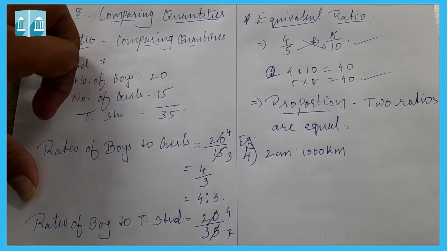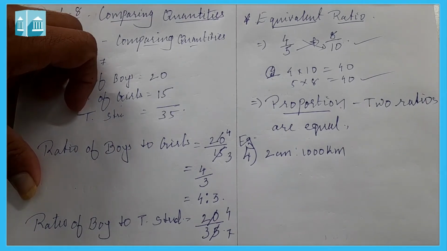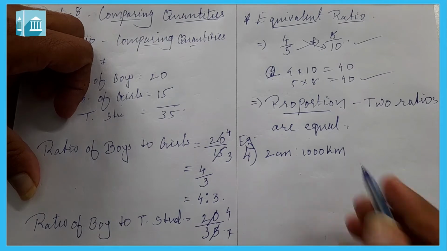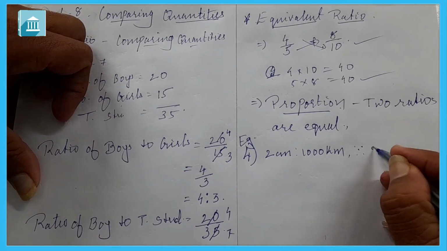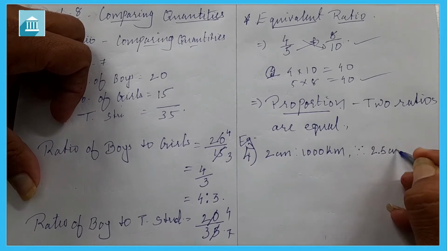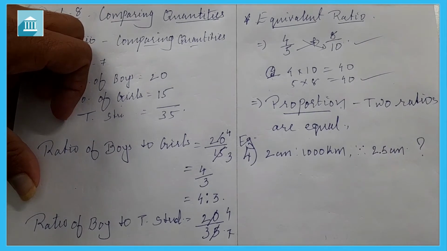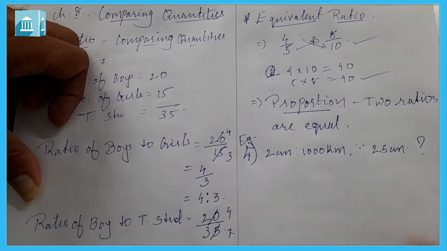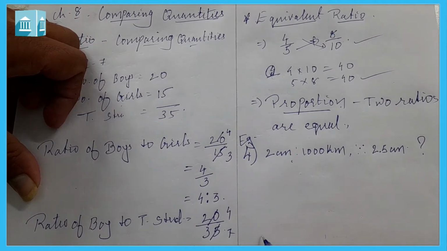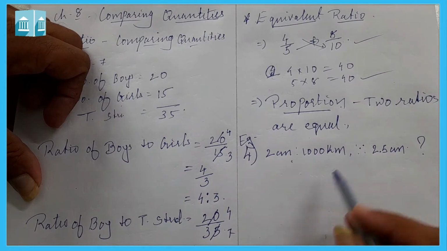Then what is the actual distance between the two places in kilometer, if the distance on the map is 2.5 centimeter? Here we know that these both are in proportion.